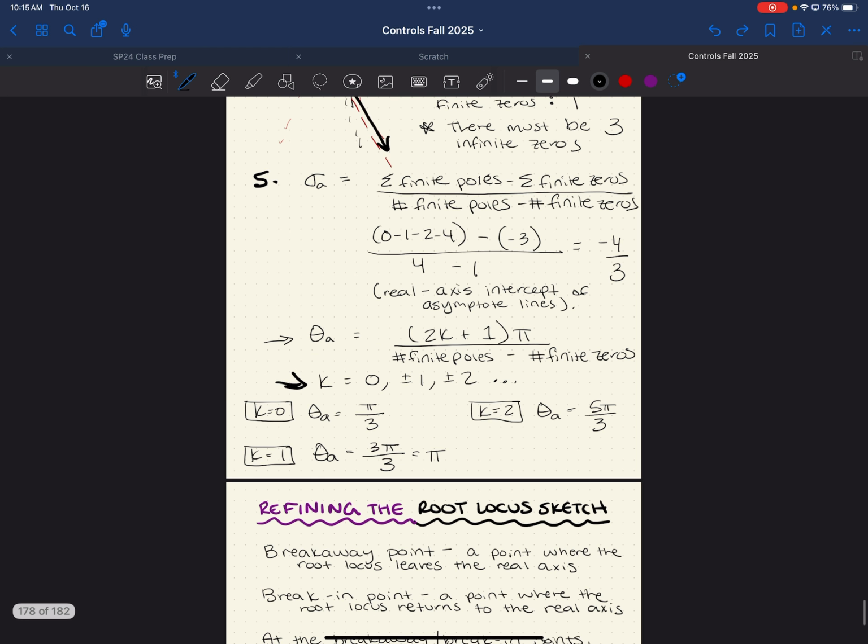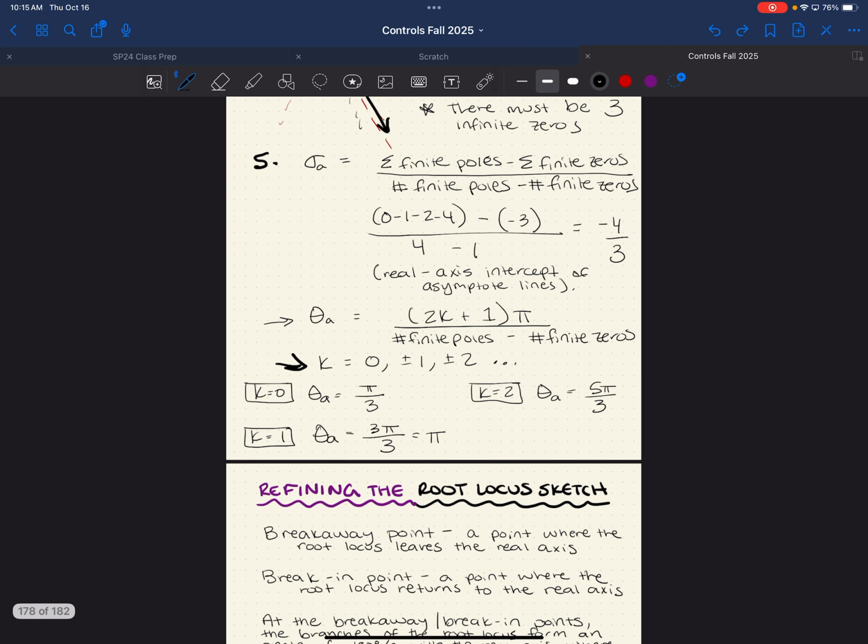How did I know? Well, I knew based on the number of infinite zeros that I had how many branches had to extend into infinity. And so I needed to keep plugging in integers for k until I had the right number of asymptote lines. If you wanted to be very ritualistic about it, I could tell you that it's the number of poles minus the number of finite poles minus the number of finite zeros minus 1.